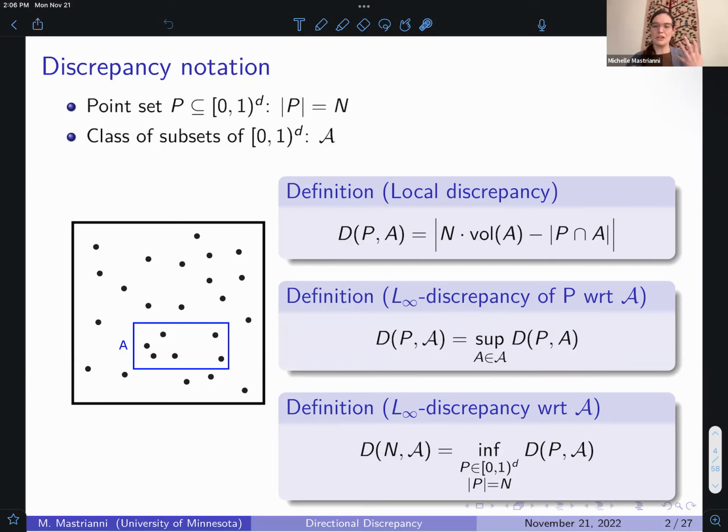So in some sense, you're looking for the best behaved point set of that size, where you're trying to minimize these local deviations among all sets in your class of sets, script A. So that's the discrepancy with respect to a class of sets, and we're interested in bounds on this discrepancy function, or asymptotics, as the number of points n grows.